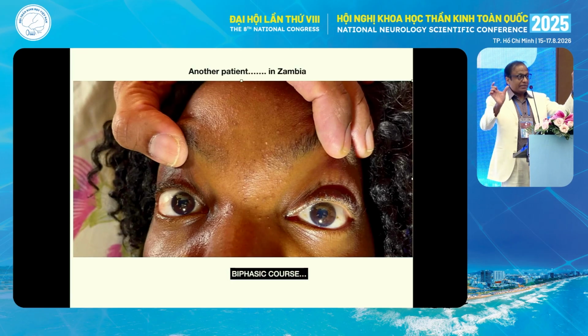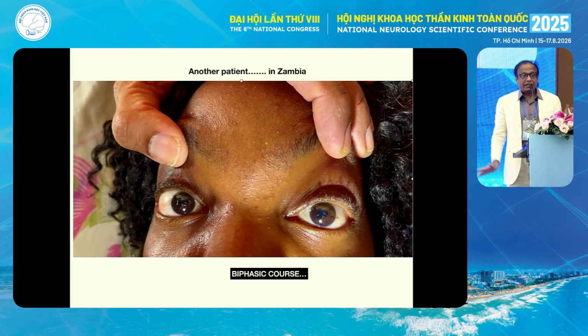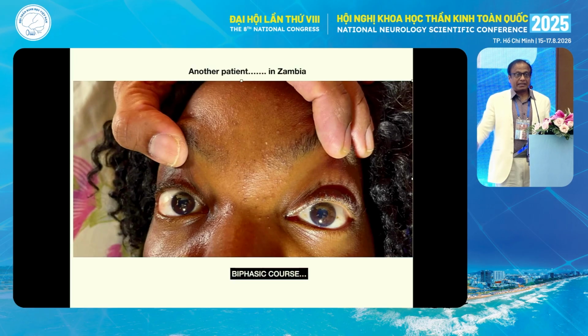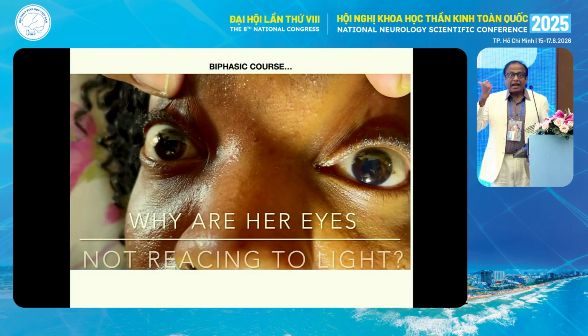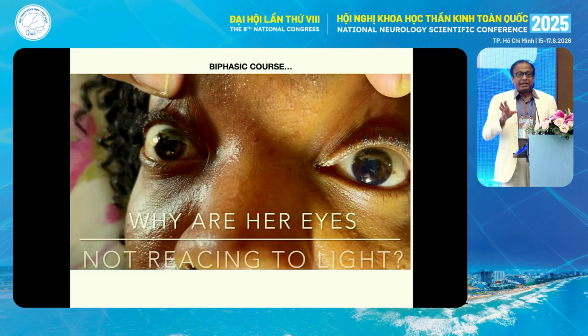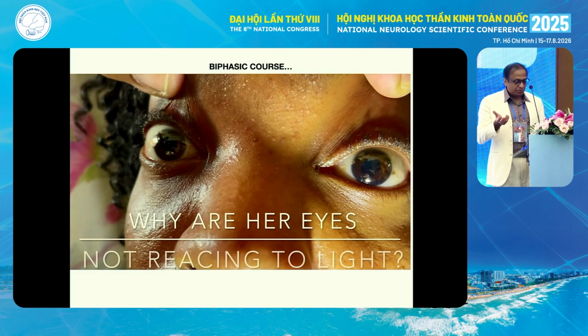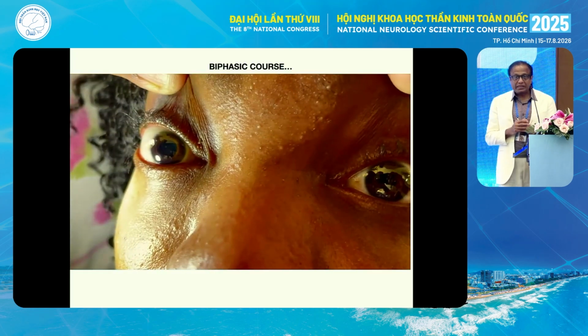Initially, bulbar weakness recovers, and second, this is again very characteristic of diphtheric neuropathy, but never seen in Guillain-Barré syndrome because Guillain-Barré syndrome is almost always a monophasic illness. Okay? And just like the earlier patient, she had very nice pupillary abnormalities that allowed us to confirm that she had diphtheric neuropathy.